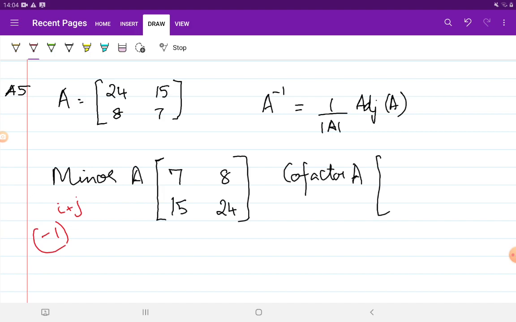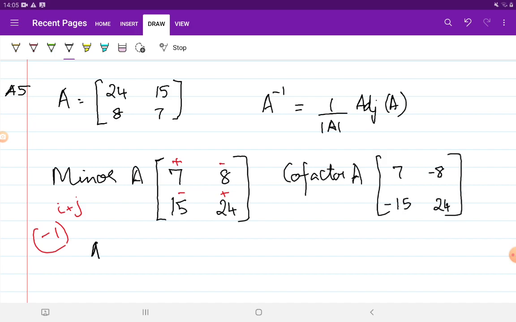So the signs that are going to come are plus, minus, minus, plus. You can confirm that using this formula. So applying these signs to the elements in the minor, I get the cofactor matrix A as positive 7, negative 8, negative 15 and positive 24.